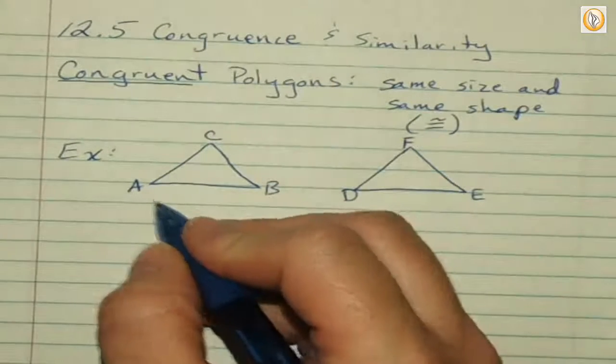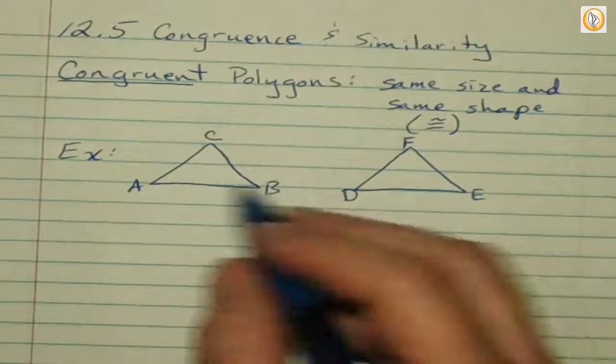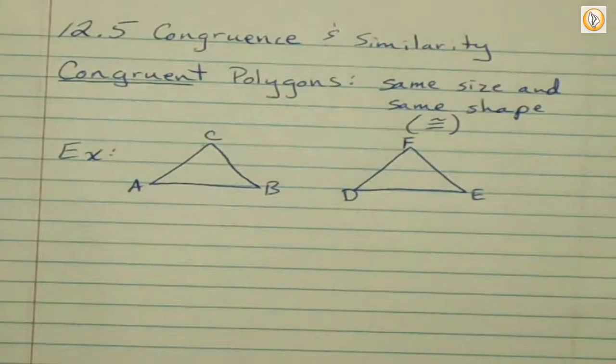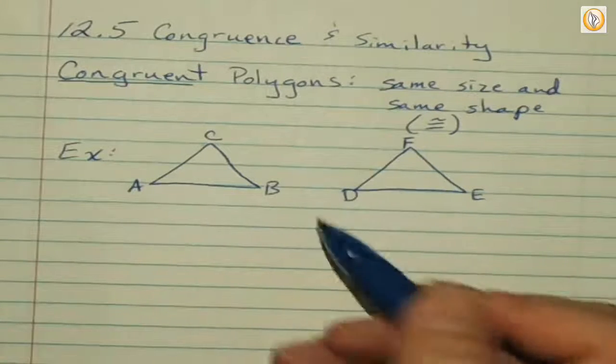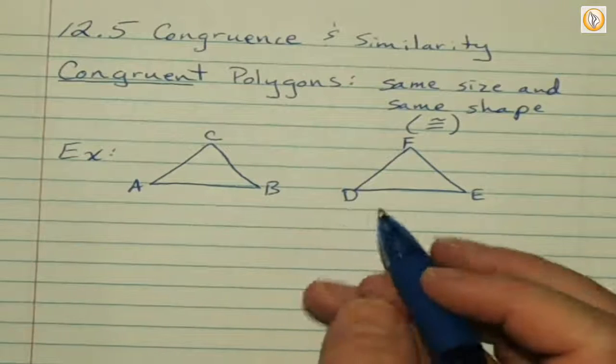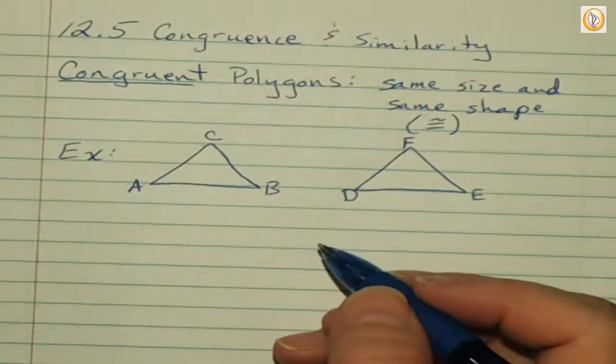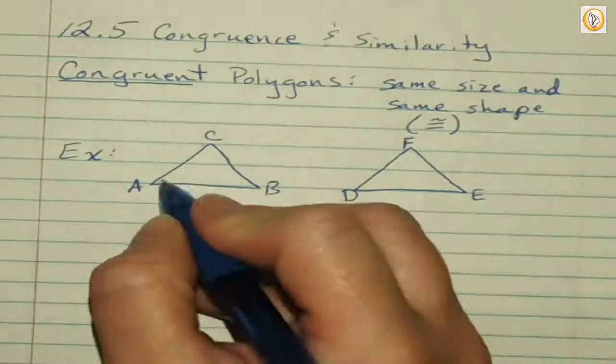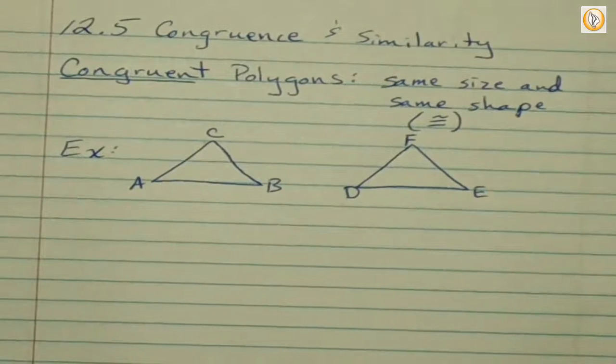Okay. What we're going to say is these triangles, I'm going to show you what it means. These triangles right here are congruent. How do I know that? Besides the fact that I just told you, we know that because of the symbols I'm about to place on them.